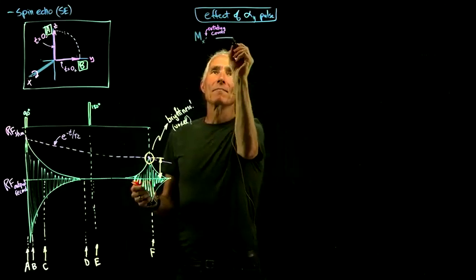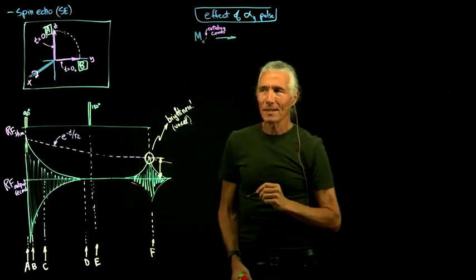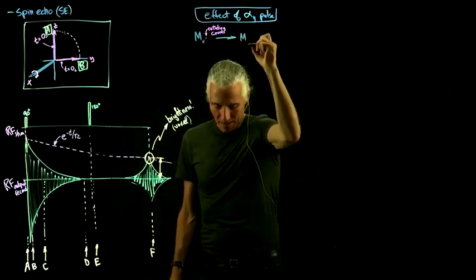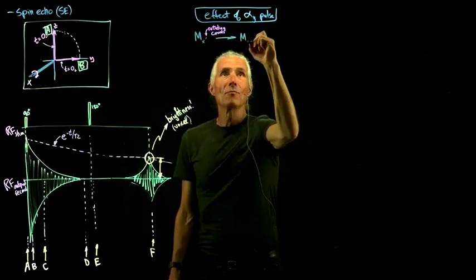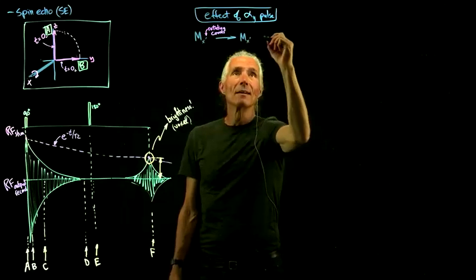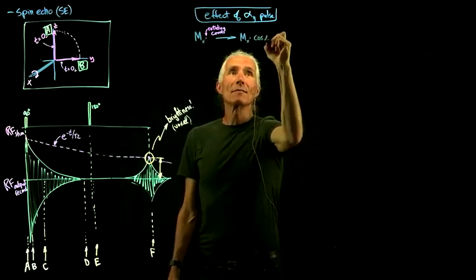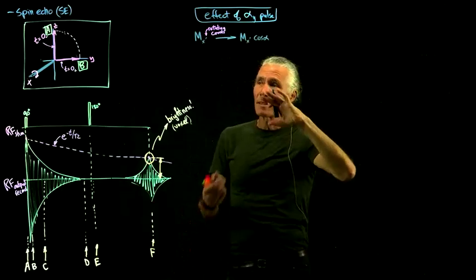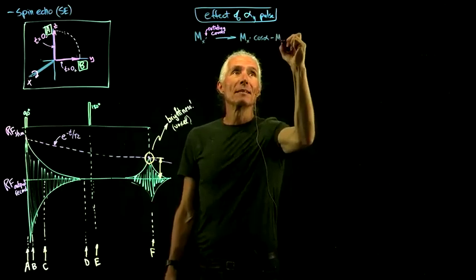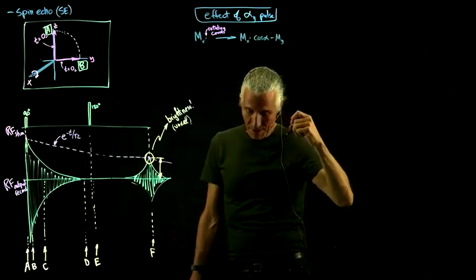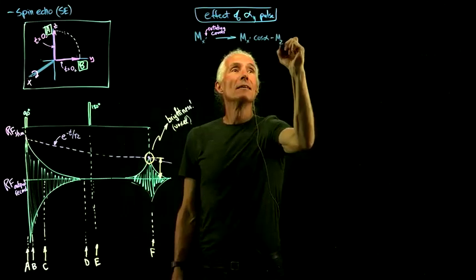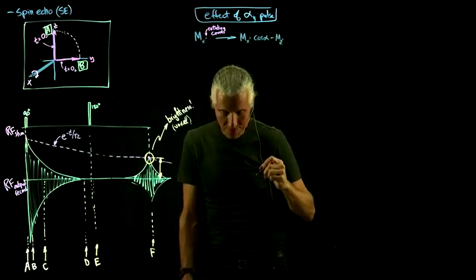How do we transform the x component of the magnetization? It's whatever it was times the cosine of the angle, because this is basically a rotation, minus the z times the sine.